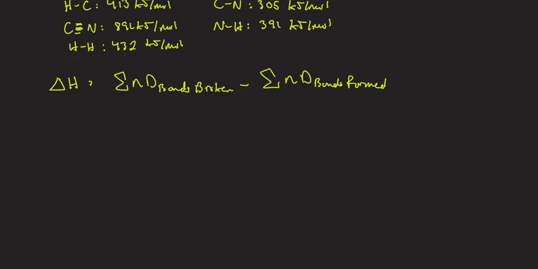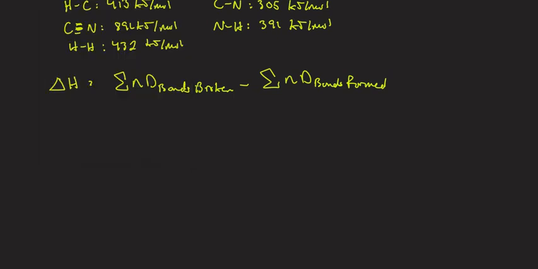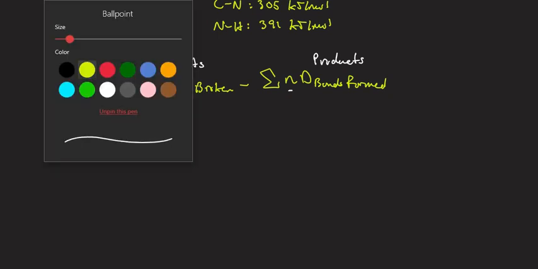These, of course, relate to our reactants for the bonds broken, and our products for the bonds formed. And we have to account for how many moles we have of each of those different kinds of bonds.